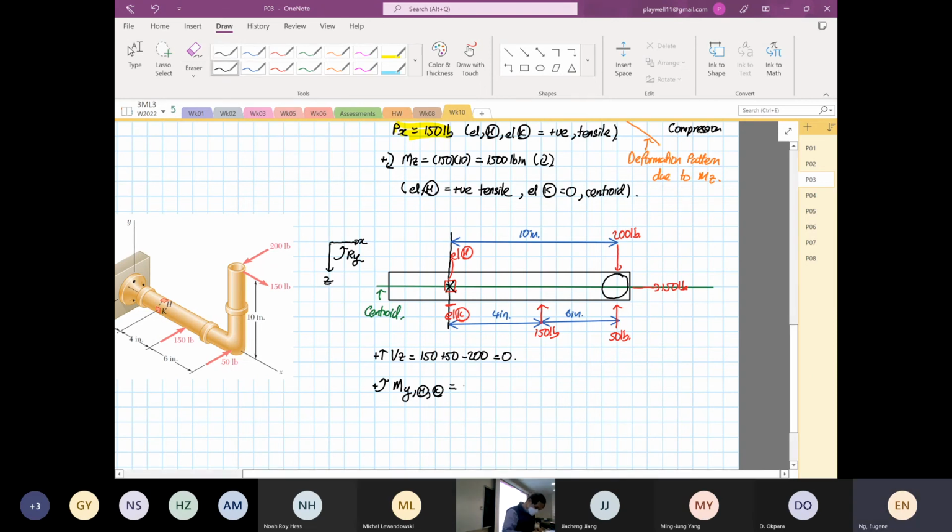So this is positive 150 multiplied by 4, plus 50 multiplied by 10, minus 200 multiplied by 10. So 150 multiplied by 4 is 600, plus 500, minus 2000, is equal to minus 900.